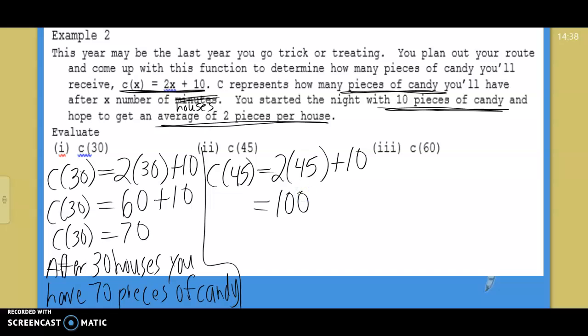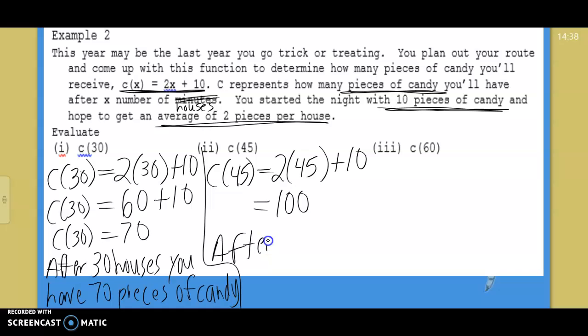And I want you to get used to seeing this. You don't always have to keep writing the C(45). Sometimes you'll just see the work go down the right-hand side and just know that that is the same. Okay? Who can come up with a statement? How are we doing so far along our way? And remember, I'm not cold calling people now, but that will happen later in the week. So get comfortable now. Natalie.